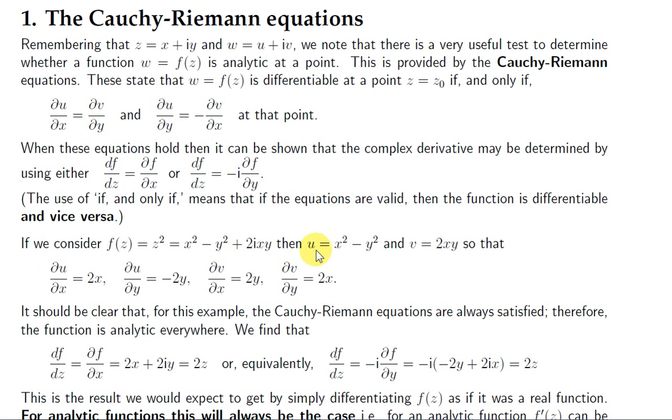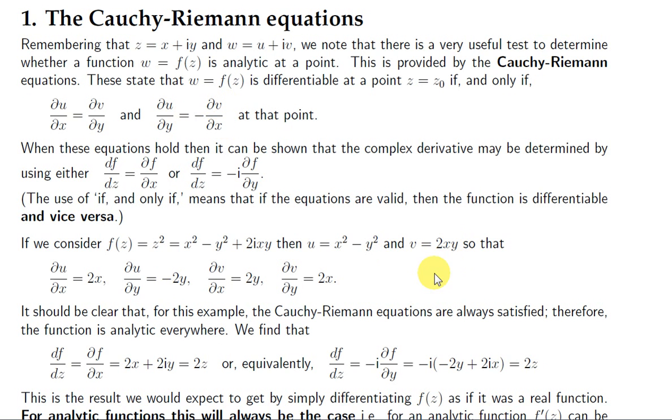So we want to differentiate this expression with respect to y, so we treat x as a constant. So when we differentiate x squared, we get 0. When we differentiate minus y squared, we get minus 2y. So that's what we have here. We need to get dv dx, so we need to differentiate this with respect to x. We treat y as a constant, so we just have the constant 2y multiplied by x.